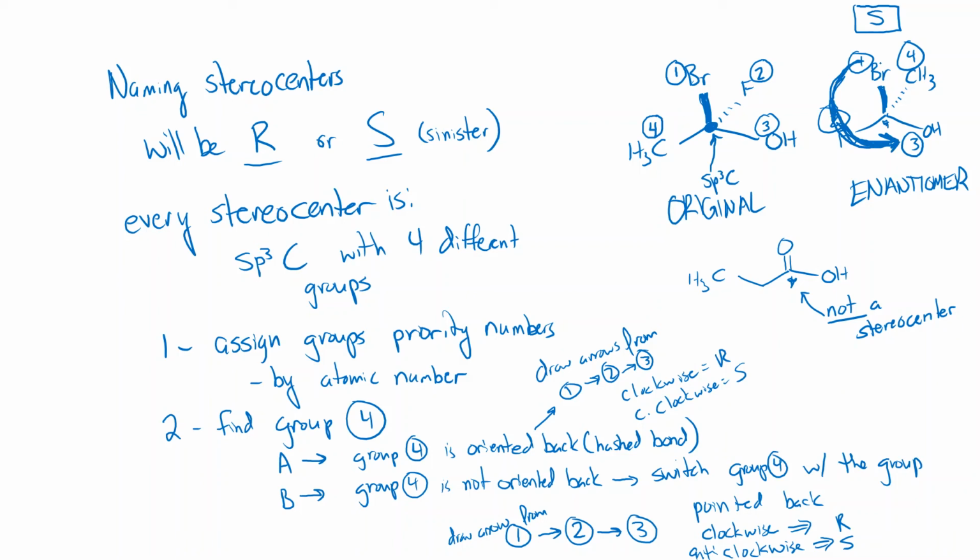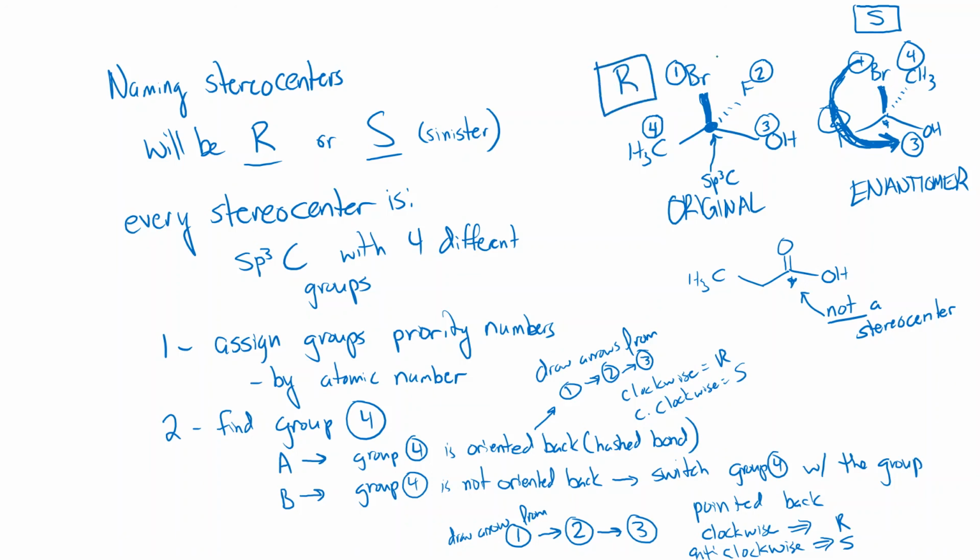And in this case, it's going counterclockwise, and so this would be S. Now, if the enantiomer is S, what does that mean about our original? If the enantiomer is left-handed, then the mirror image of it has to be right-handed. So that means our original is R.